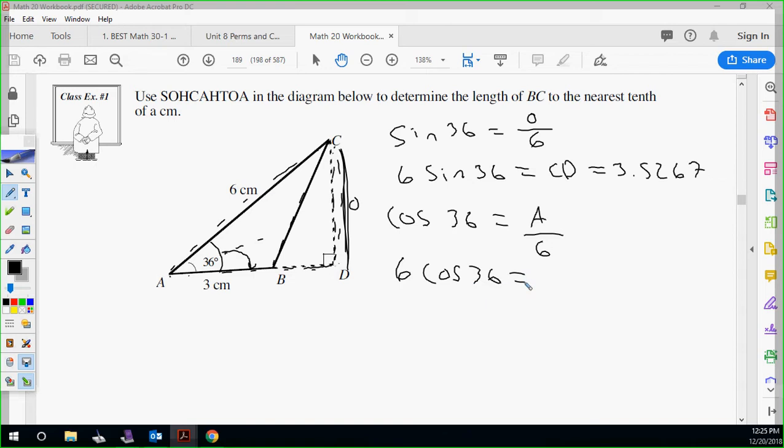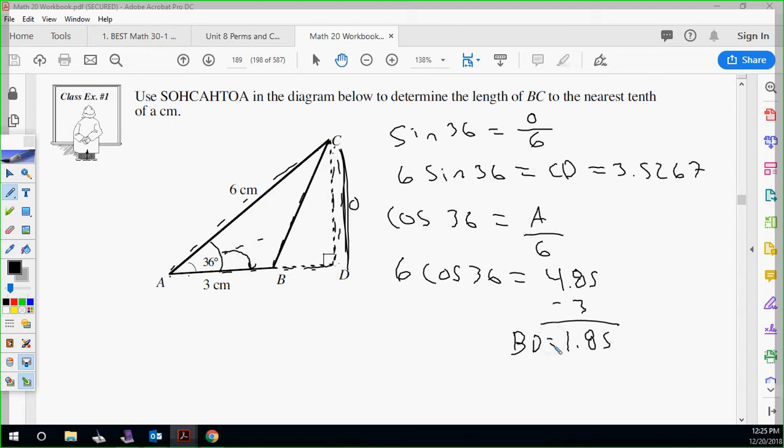Yep, 4.85. Okay, they have 4.1, but it's okay. So that's what the whole thing is. So then what is BD? You subtract 3 from it. So we'll say 1.85 is what BD is.